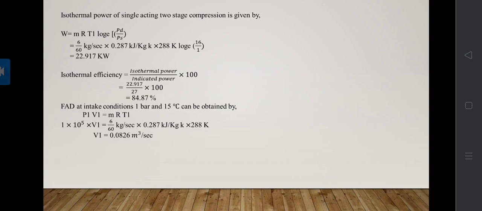That's why we have to calculate V1 here. So the value of P1 is equal to 1 into 10 raised to 5, and the value of m is 16 divided by 60 kg per second, and R is equal to 0.287, and T1 value is 288. So V1 is equal to 0.0826 meter cube per second.